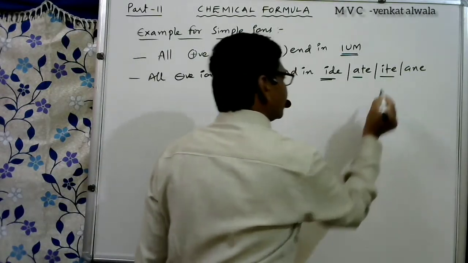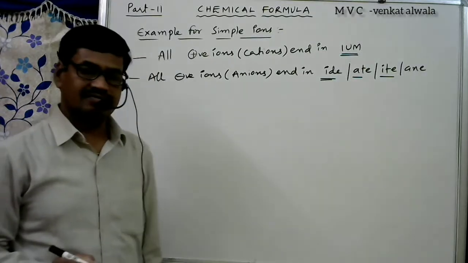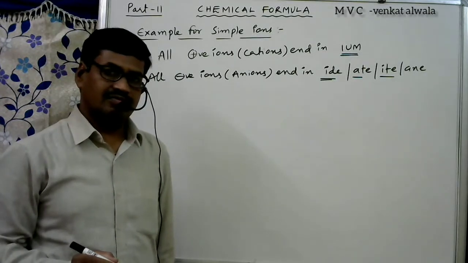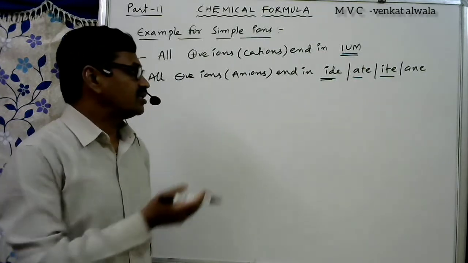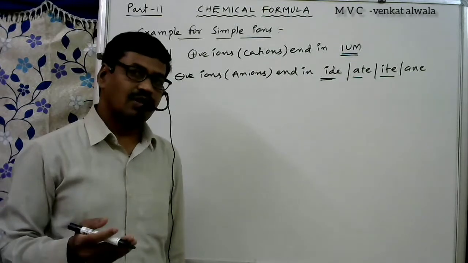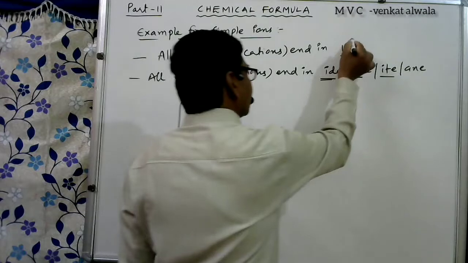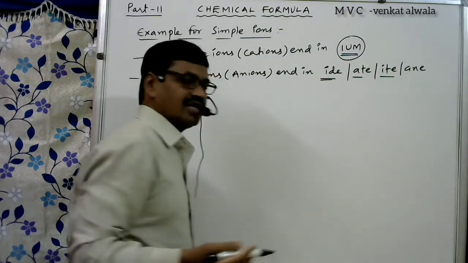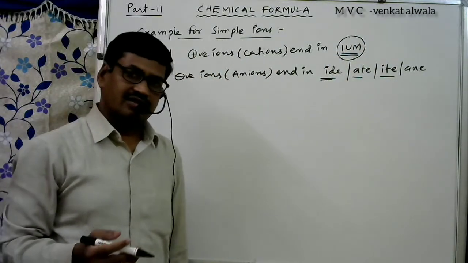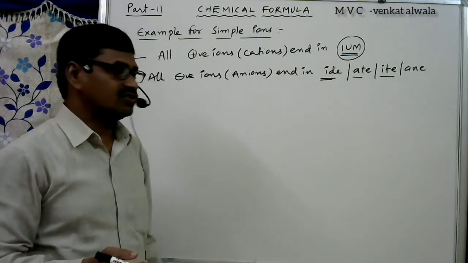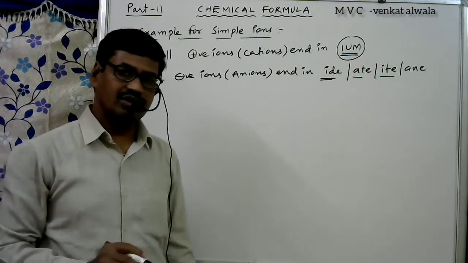Ate or ite, these are compound ions, means more than one atom is present in that particular ion. Otherwise, you can say polyatomic ions. For polyatomic cations, and for simple ions or individual ions, also end in ium.